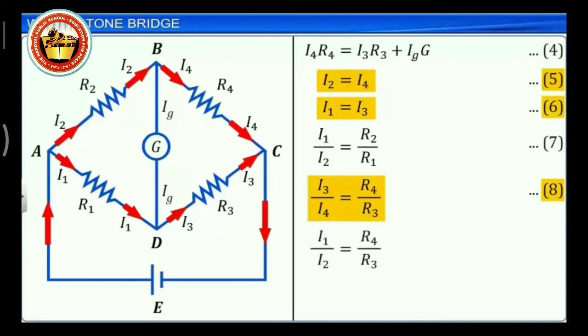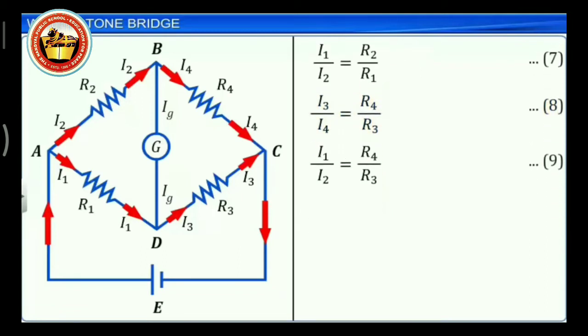I1 by I2 is equal to R4 by R3. Equation 9. From 7 and 9, R2 by R1 is equal to R4 by R3.